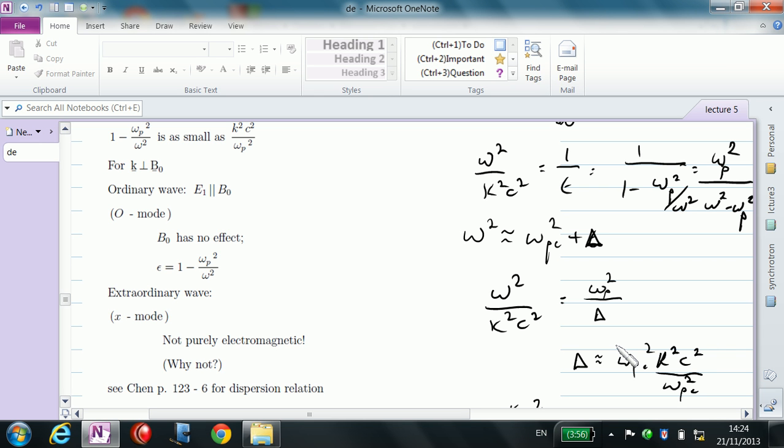But its phase velocity is apparently very big because the index of refraction is so small. We haven't talked about group velocity yet, but let's just say the phase velocity is allowed to be greater than the speed of light. The group velocity, not.